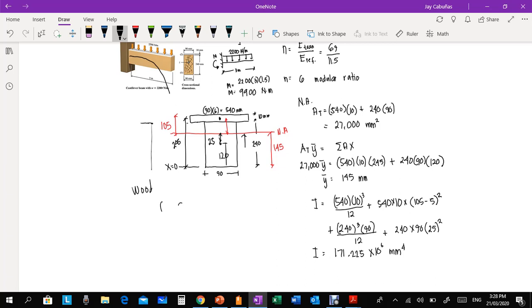For the wood, we have FB is equal to MC over I. M is the moment, that is 9,900, sorry. C is equal to 145, right?